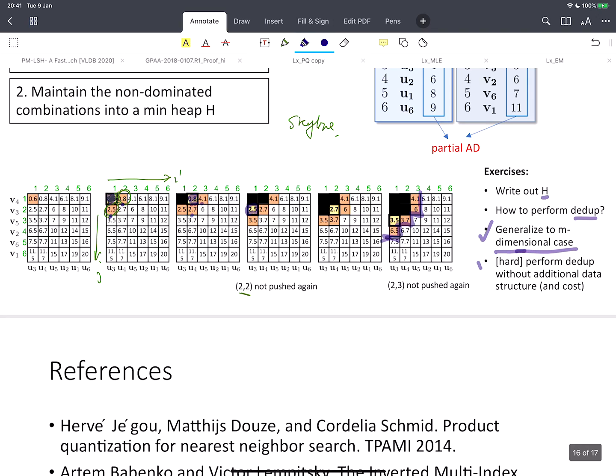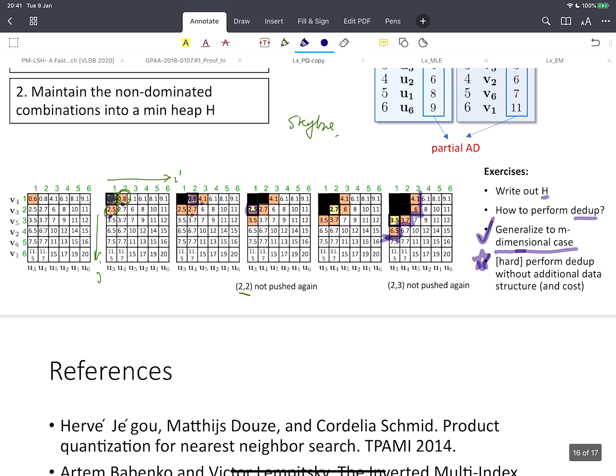Okay, so these two questions are going to be harder and harder. This one means, can you generalize this into more than 2 dimensions? All the examples are in 2 dimensions. In multi-dimension it's hard to visualize, but you need to feel comfortable that the algorithm can be generalized into, let's say, 3 dimensional or even 10 dimensional space. 10 dimensions means you partition the vector into 10 sub vectors, right?